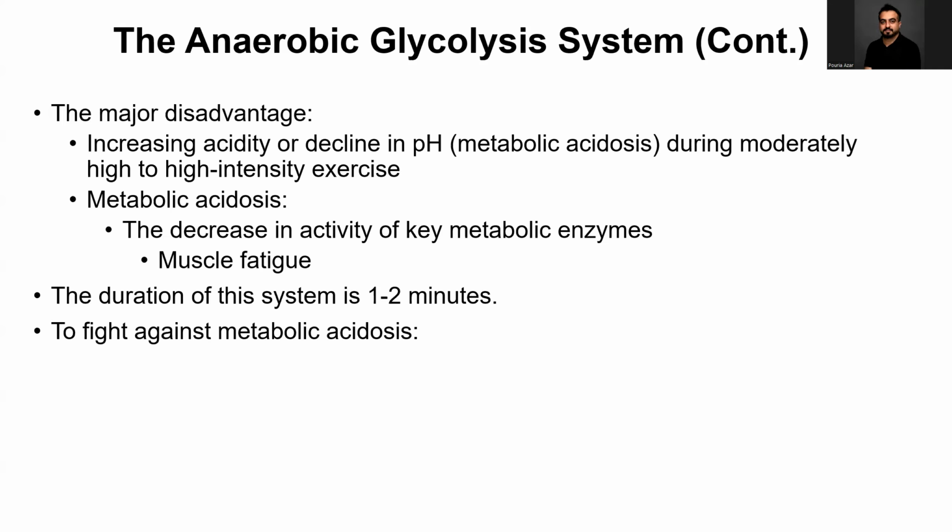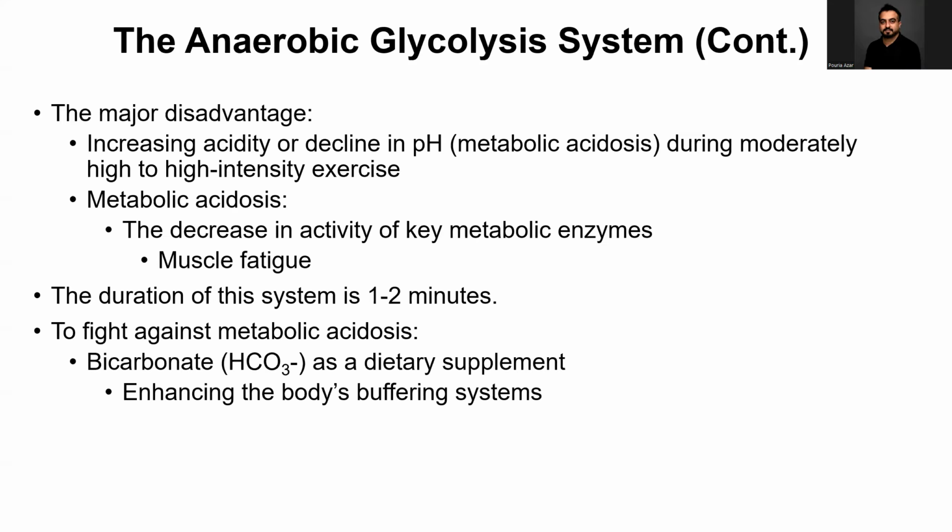And to fight against metabolic acidosis, we can take some dietary supplements like bicarbonate. This supplement enhances the body's buffering system, which means it fights against the acidity because it has an alkaline characteristic.